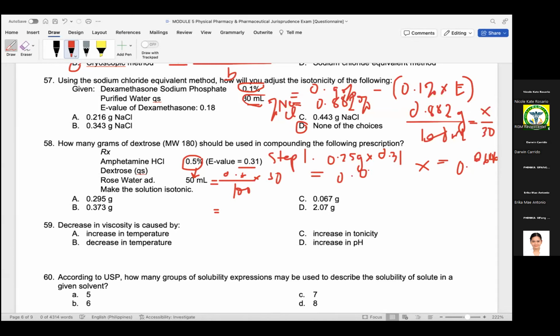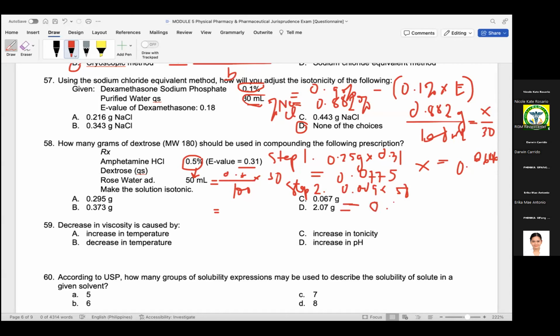Step 2 is multiply 0.009 by the volume, which is 50 ml. The answer is 0.45 gram.